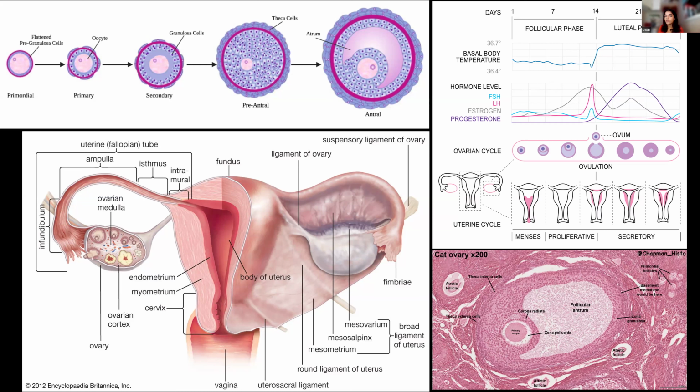Ovulation happens on day 14 and it causes the release of an oocyte into the peritoneal cavity. As you can see, it goes from the fimbriae, which are finger-like projections, through the infundibulum, which means funnel, ampulla, isthmus, and then eventually into the uterus, where it can implant and hopefully survive, which will lead to a successful pregnancy.